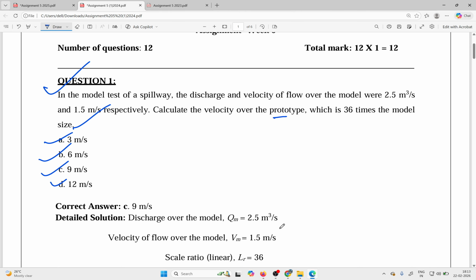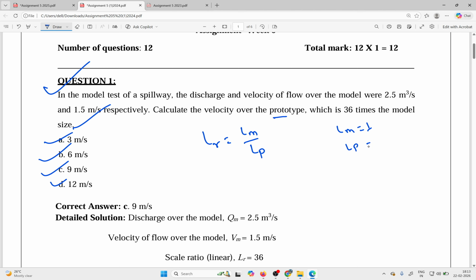Here you need to calculate the velocity over the prototype, and the model velocity is given. The prototype is 36 times the model, which means LR is Lm by Lp. If Lm is 1, then Lp is 36.